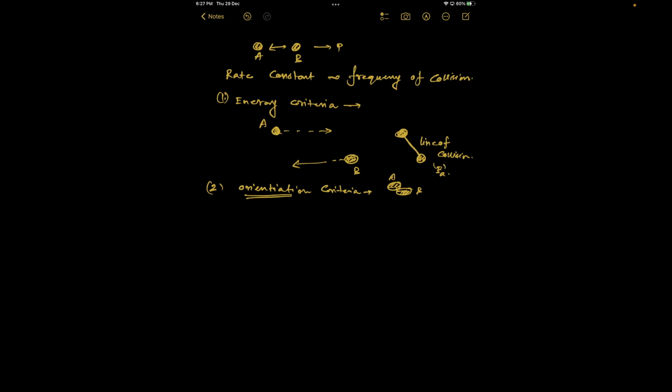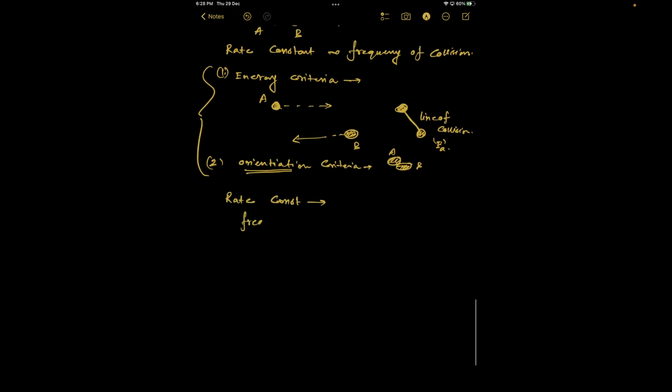So with these two criteria, that means the energy criteria and the orientation criteria, the modified rate constant now will be the collision frequency times the fraction of reactant molecules for which the energy along the line of collisions is greater than or equal to the activation energy Ea.